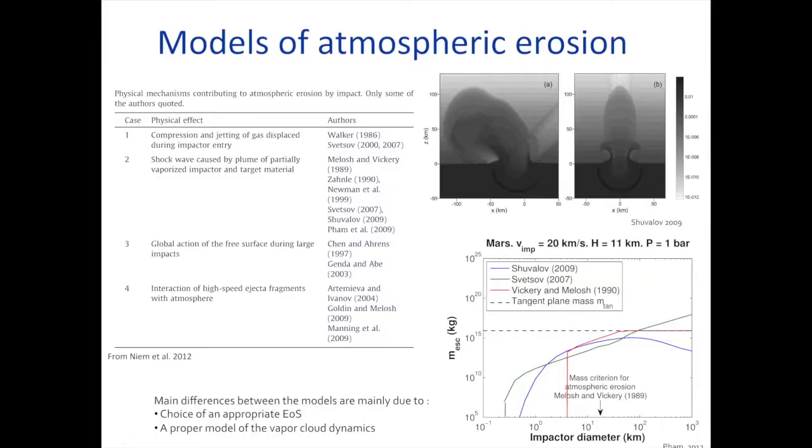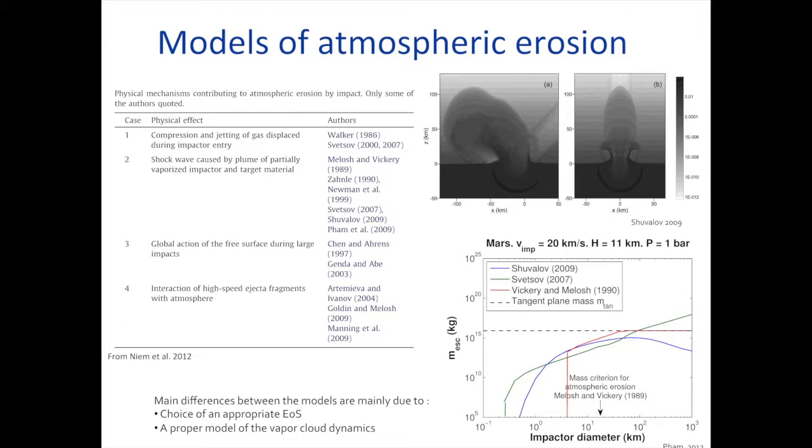Of course, when you add the atmosphere to a hydrocode, you increase the complexity of the problem. You have to take into consideration the compression and jetting of the gas during the entry, and also the shock wave caused by the plume of vaporized impactor and target material. These are the two most important physical parameters that you have to take into consideration.